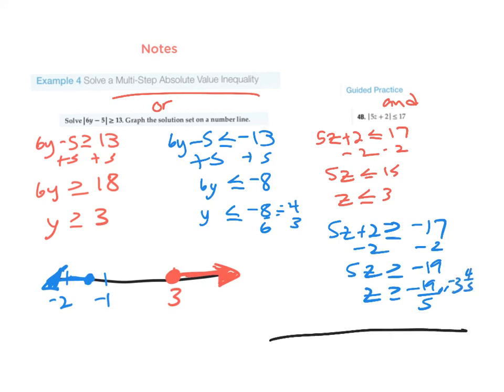So on my graph, let's graph the red one. I go to 3. It's a filled in circle, and I go to the left. If I go to negative 3 and 4/5, it's between negative 3 and negative 4, and it's going to be a closed circle, and it goes to the right. Our "ands" mean they intersect, and they do on this particular graph.